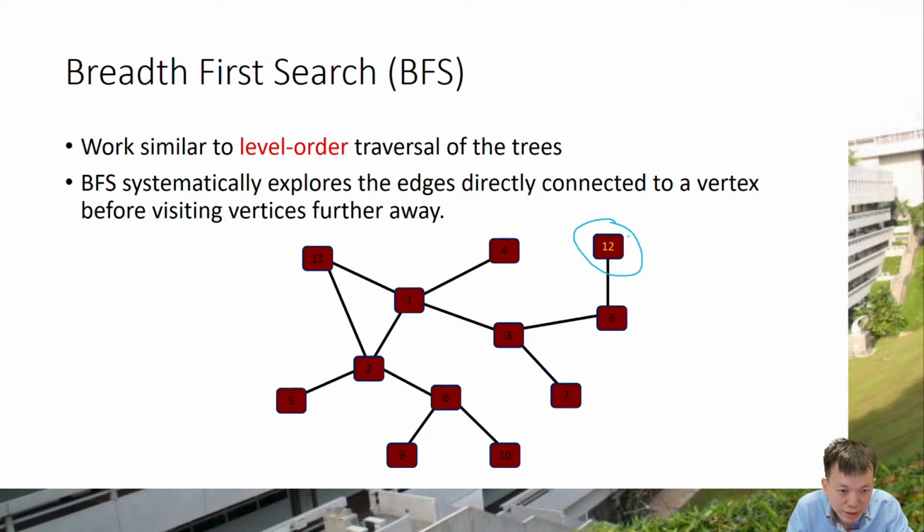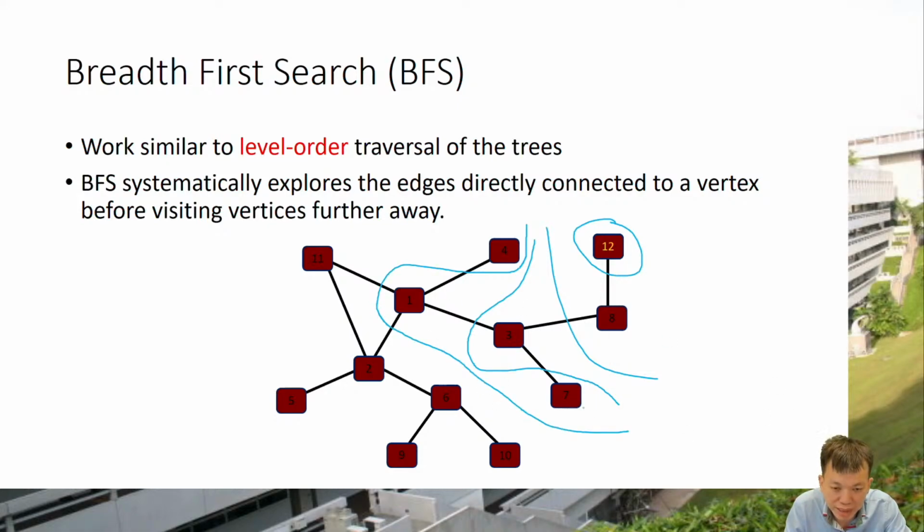Let me try erasing all. Maybe I start from this one. Then the next visited node will be 8, then the next visited node will be 3. Then the next visited nodes are 1, 2, 3. The next visited nodes will be this one, this one, this one, and this one, which will be 1 and 7.